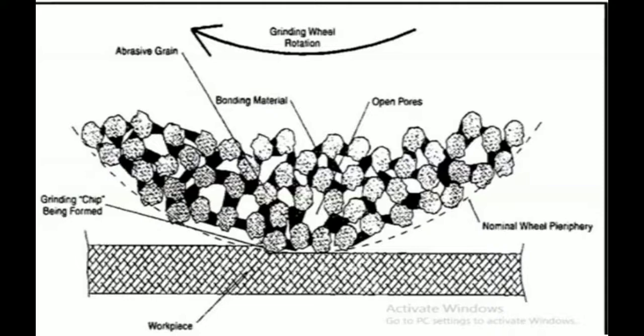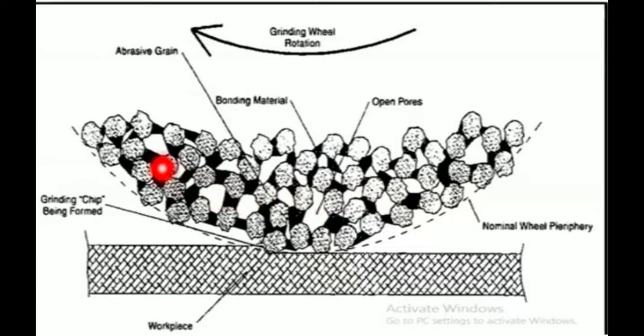By using the bonding process, the two abrasive particles are held in contact with each other and properly held at some distance. It means there is some gap provided between two abrasive particles by the bond.